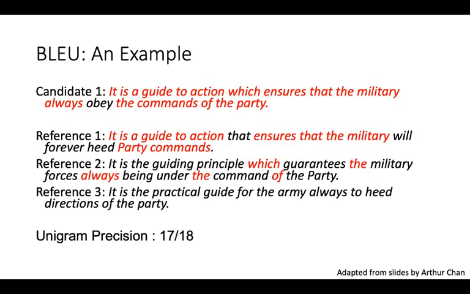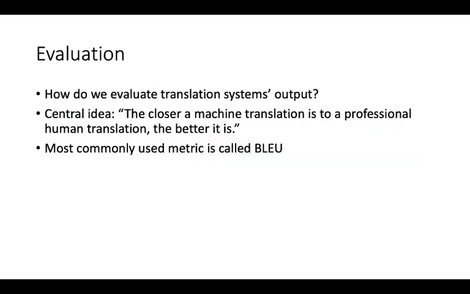And now we want to know how well our MT system performs. So the main idea is that the closer a machine translation output is to a professional human translation, the better it is. So the most common way is that we can compare the n-gram overlap between the MT translation and the human reference.